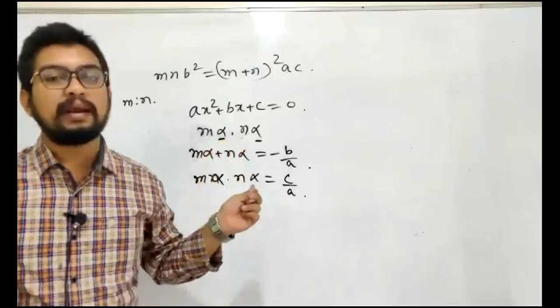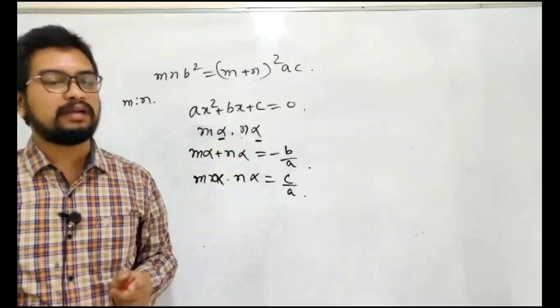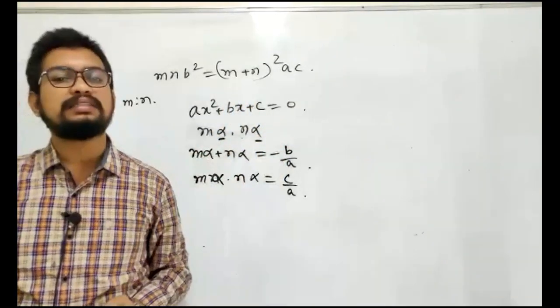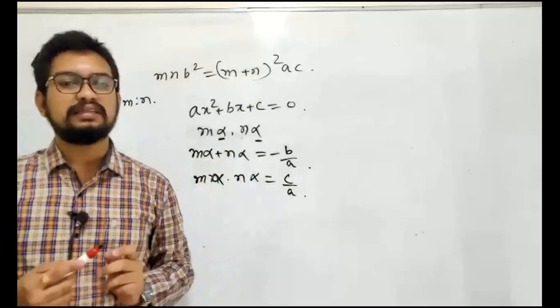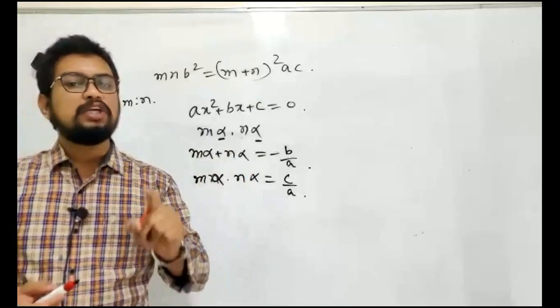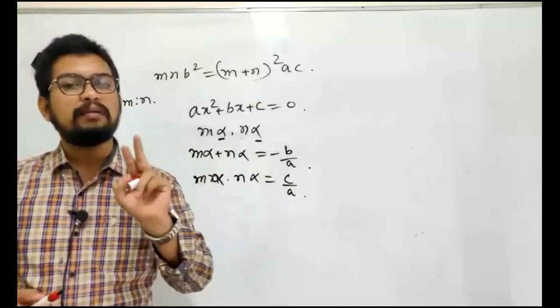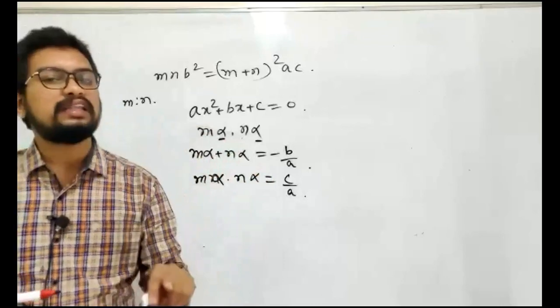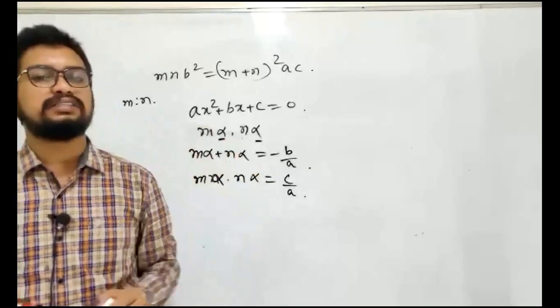Alpha is called a parameter. In solving such problems, you have to eliminate the parameter after writing the conditions.